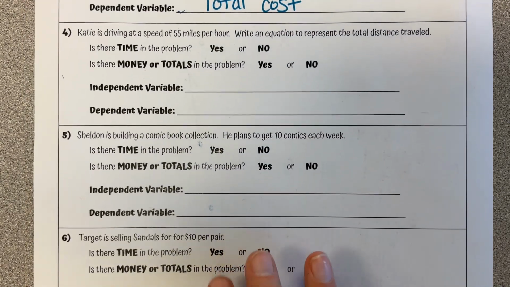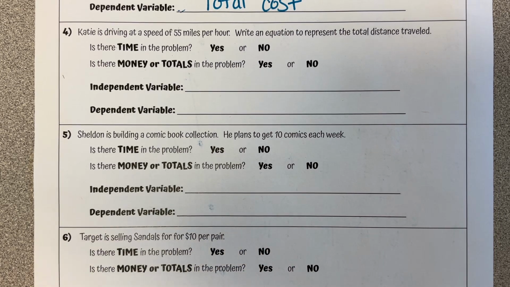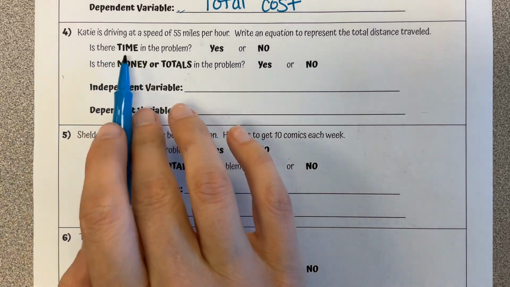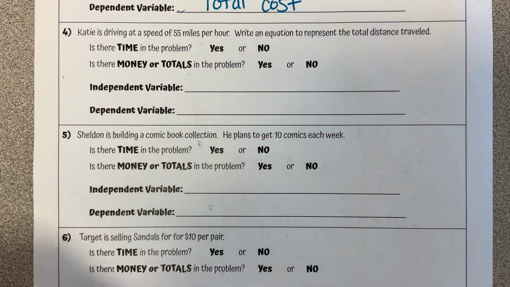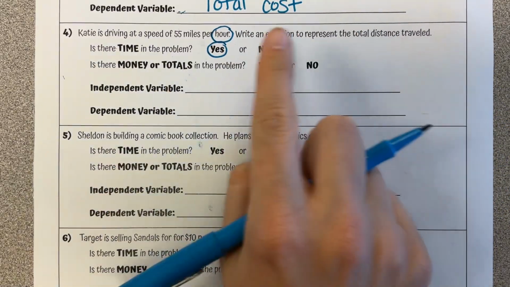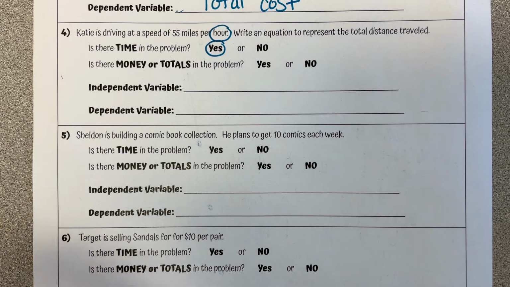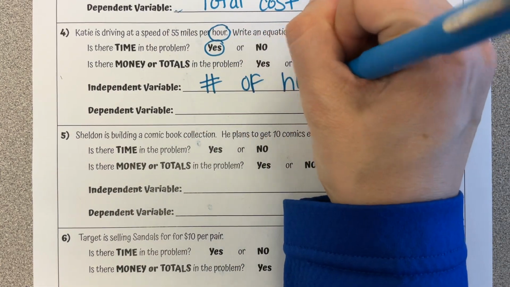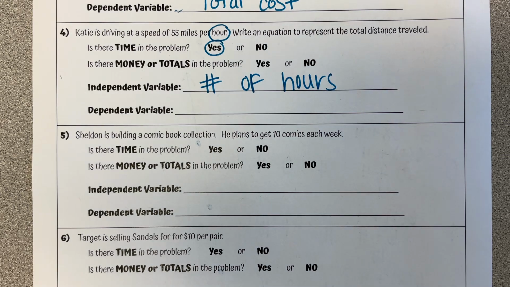Okay, number 4. Katie is driving at a speed of 55 miles per hour. Write an equation to represent the total distance traveled. Is there time in the problem? Yes. I see the word hour. That is representing time. That immediately tells me that's my independent variable. So the number of hours is my independent variable.